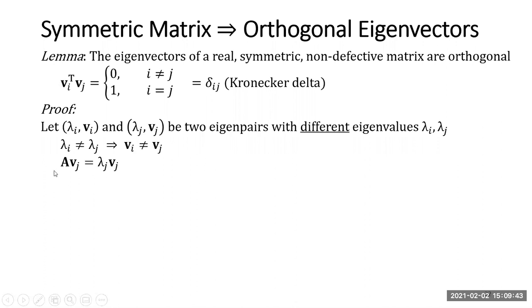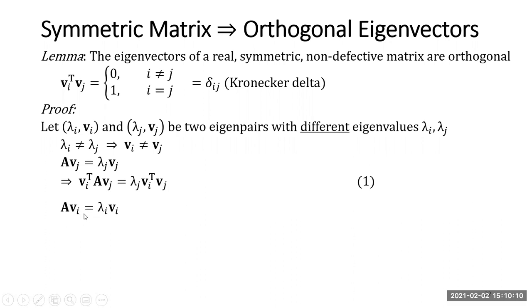Now AVj equals lambda j Vj, correct? Pre-multiplying both sides with Vi transpose, Vi transpose AVj equals lambda j Vi transpose Vj. That's my equation 1.